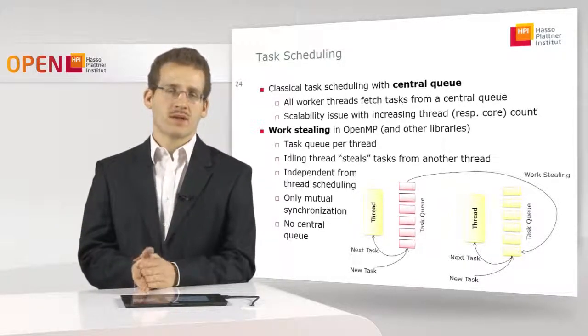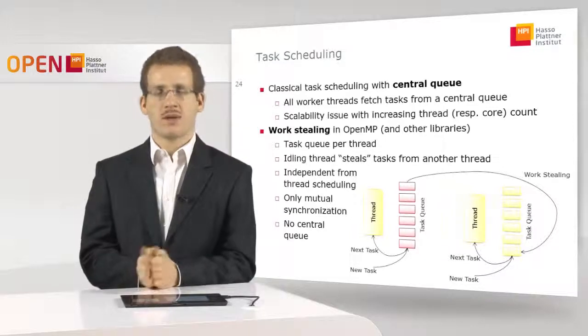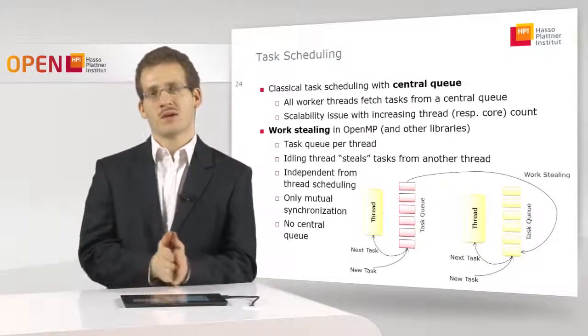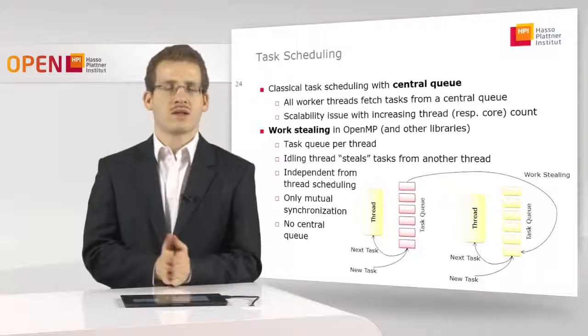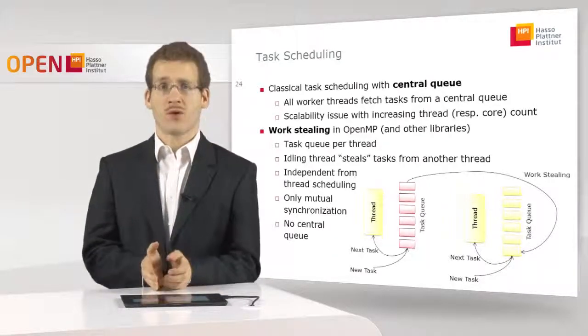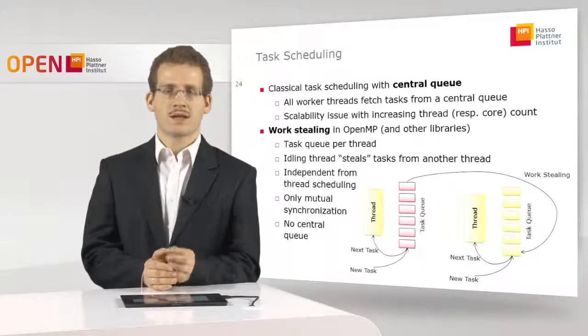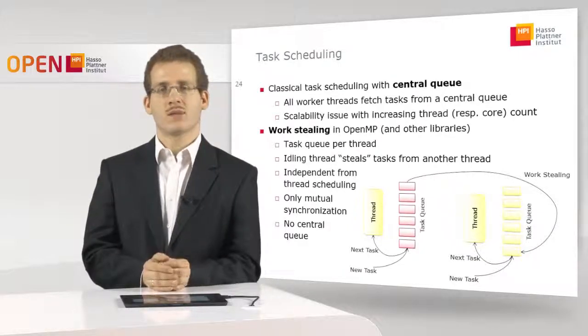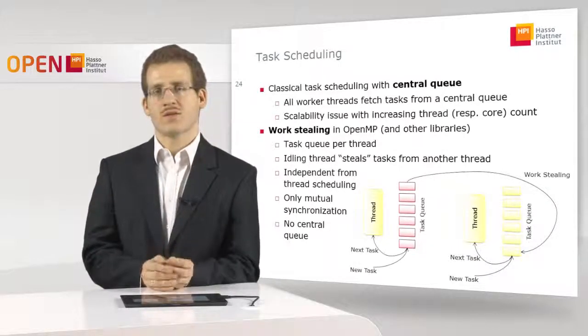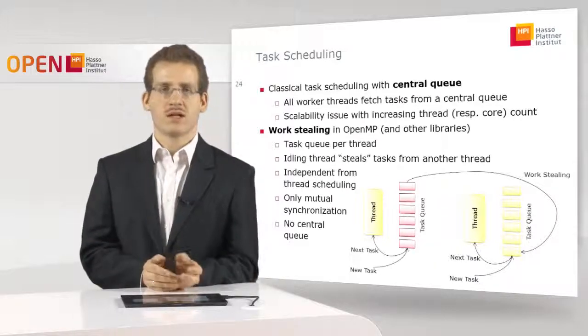When you now have the situation that some tasks are not balanced, so that maybe one of the queues becomes empty faster than the other one, then the concept of work stealing kicks in. Work stealing means that a thread that has an idle task queue is enabled to take task work from other threads, from their queues, into its own.